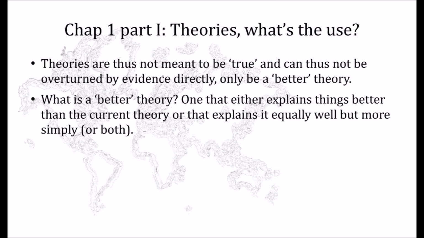Notice it's not a truer theory, it's a better theory, because there are at least two ways that a theory can be better. One is that it explains things better than the current theory. So when you view that theory, you understand things better. You can see how they happen. You can explain things. The other way is that it explains things more simply than the current theory, or both. So the more elegant a theory is, when scientists talk about an elegant theory, they mean something very simple.